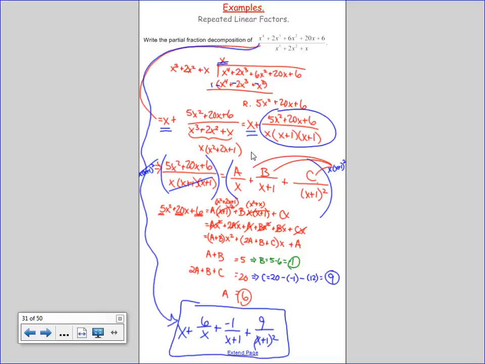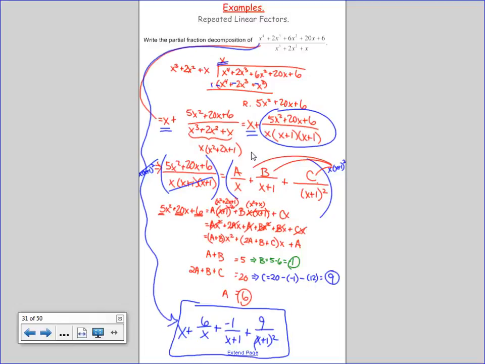If it was x plus 1 cubed, I would have 1, then squared, then cubed. You just build up, because it's possible to have this term as well. So the first x uses 1, this is squared, so I do this to the 1 and this squared. You build up every time.